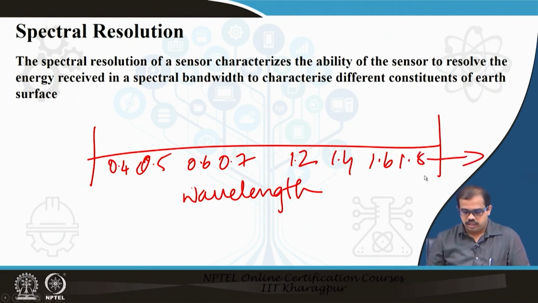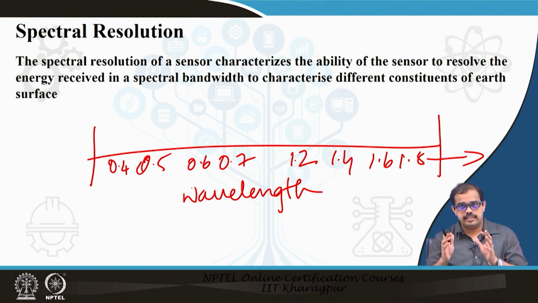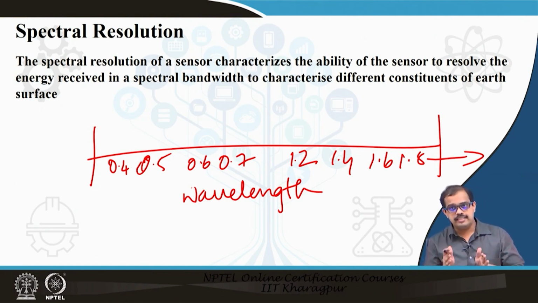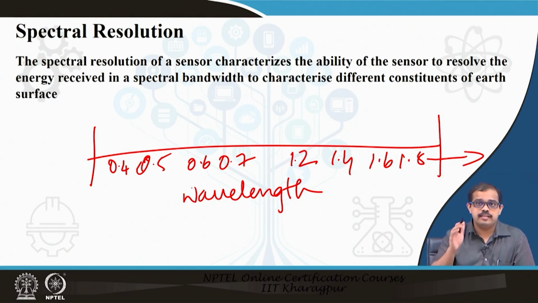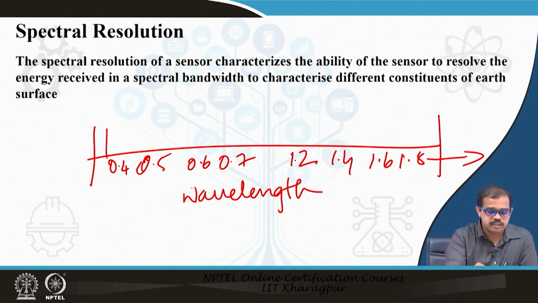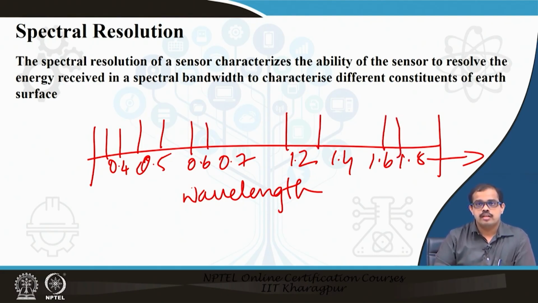Now, let us say our satellite sensors are able to categorize the electromagnetic spectrum into different bands. For example, there is one satellite which can capture this spectral band, this band, this band, this band and this band.